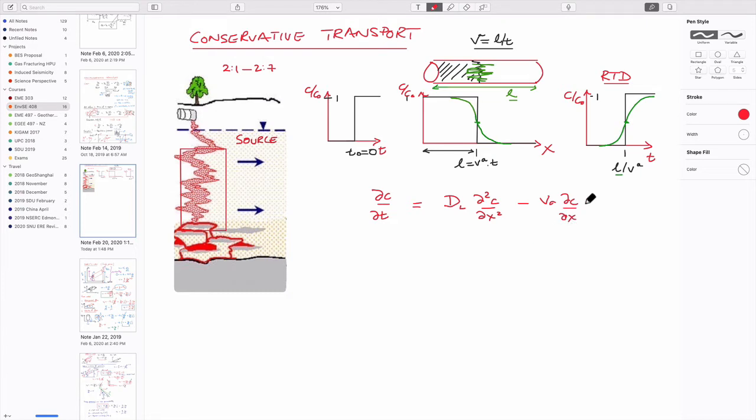It's not particularly important to understand exactly how to solve that equation, but it's useful to be able to define what these individual terms are. This is accumulation.